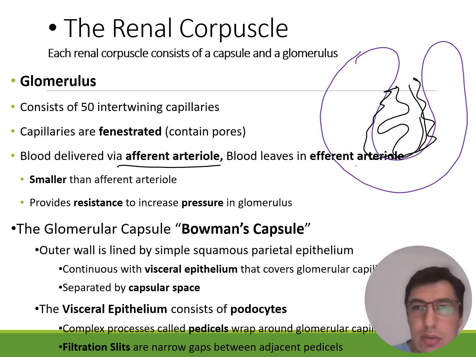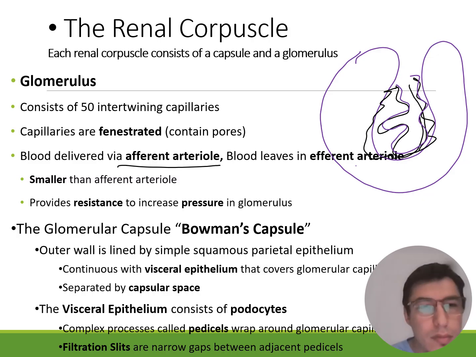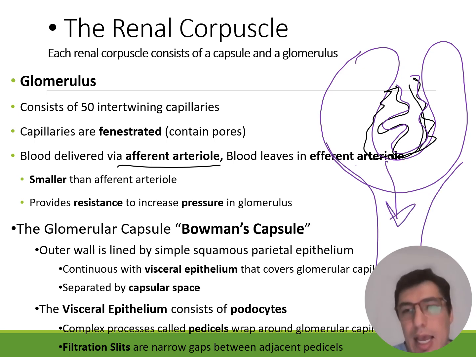So the insides will look like they are lined up like this, side by side. What we're trying to do is create a space so that we can collect all that filtrate and bring it down into that proximal convoluted tubule.